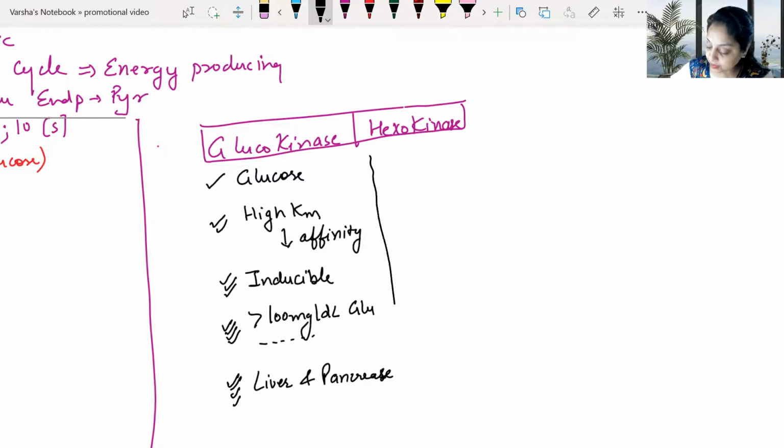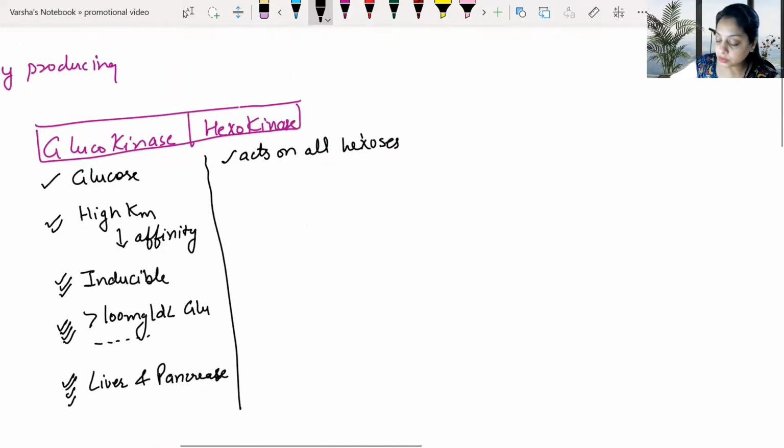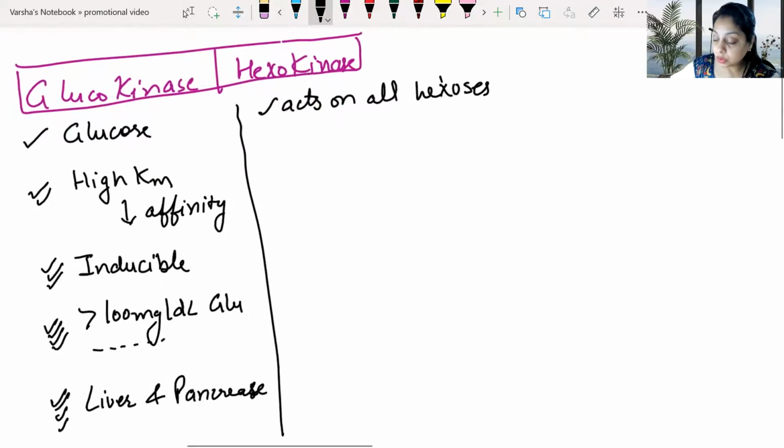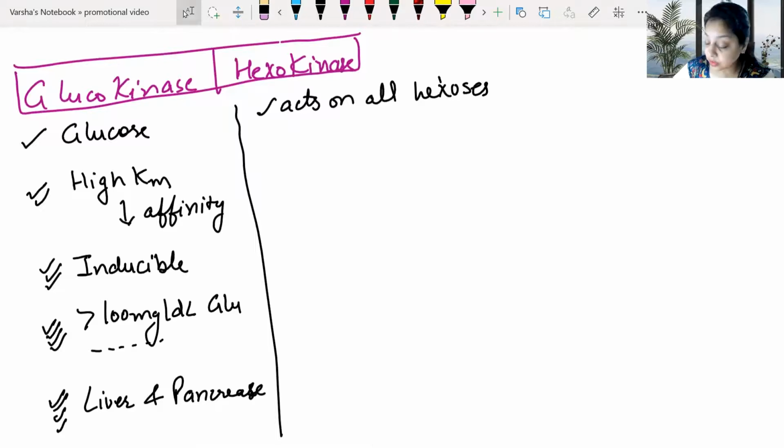So what is the opposite for hexokinase? Hexokinase acts on all the hexoses. I'm going to zoom in, but you write it in a smaller font size. The other hexoses besides glucose are galactose and mannose. It supports everything and works with everyone.